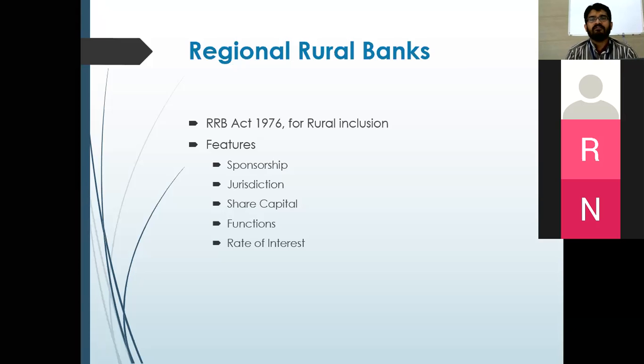Now, what are the features of RRBs? The first one is sponsorship. What I mean by sponsorship here is that every regional rural bank is sponsored by a commercial bank.